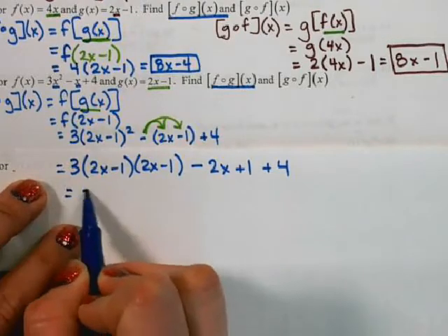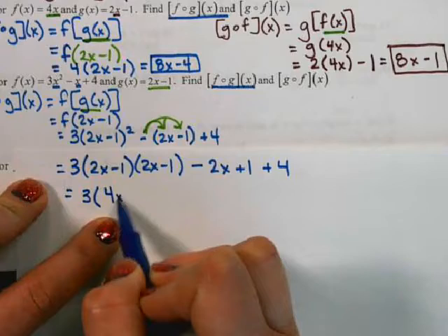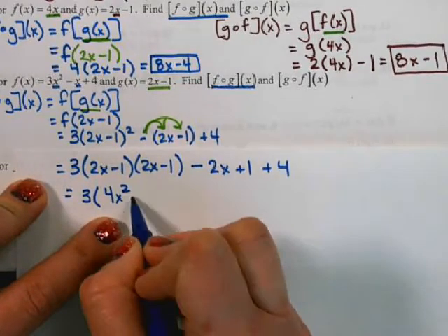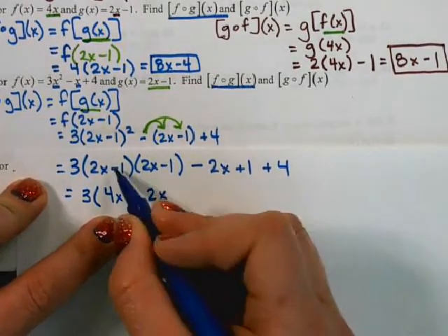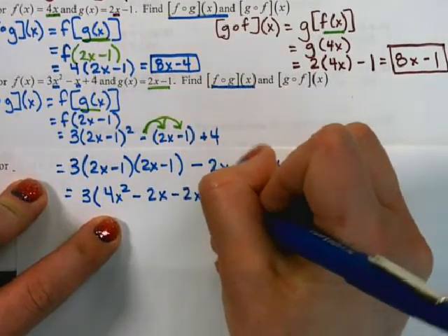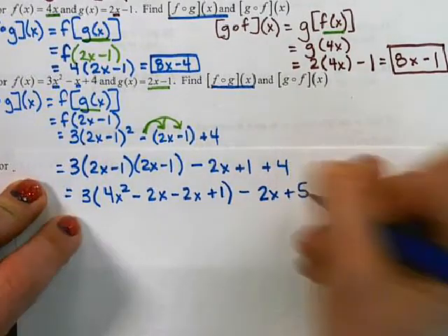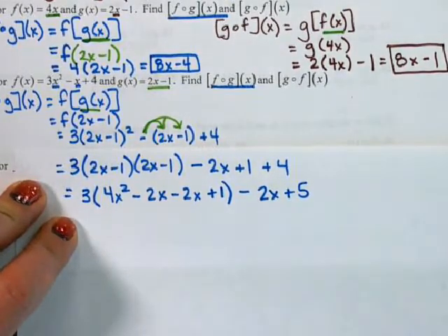Okay, let's FOIL first, and then we'll take care of that 3. 2x times 2x is 4x squared. 2x times a negative 1 is negative 2x. Negative 1 times 2x is another negative 2x. Negative 1 times a negative 1, positive 1. Minus 2x, I'm going to combine those and save some time, plus 5.